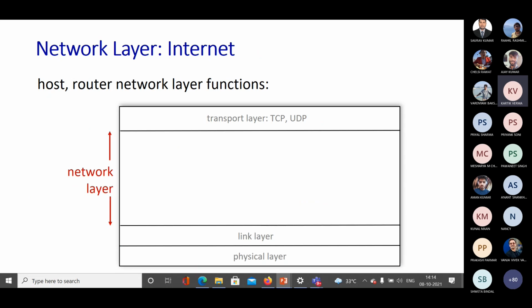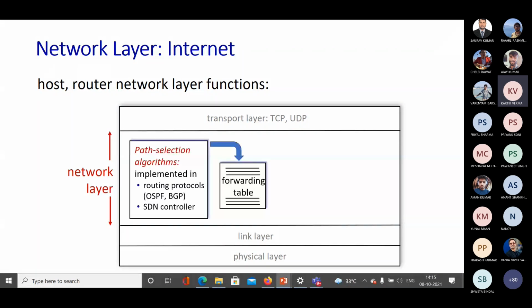Now, before we go forward, let's first see where we are currently and what are the different modules that we are going to study. Okay, let's see what are the different network layer functions. So we know that most importantly, network layer functions are the different routing algorithms. So these are the different path selection algorithms.